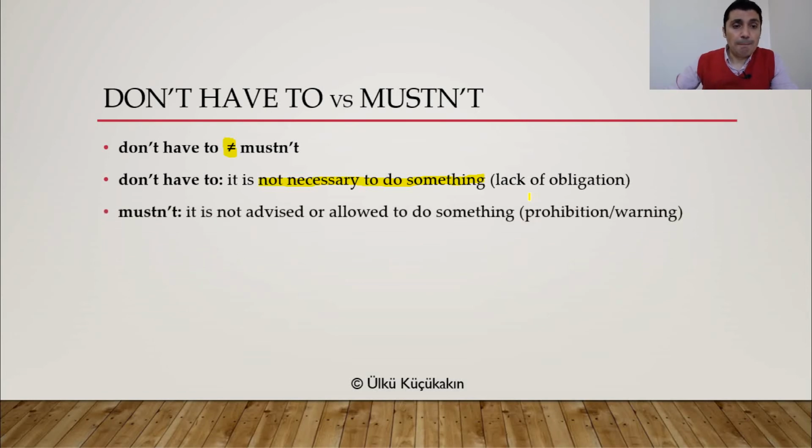But mustn't means it is not advised, or it is not allowed to do something. So, don't have to shows lack of necessity, lack of obligation. But mustn't expresses warning, prohibition.